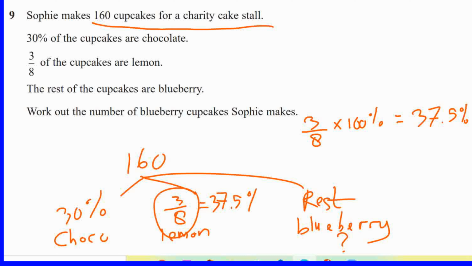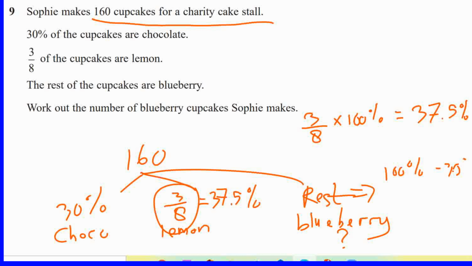So in the rest we get here from 100% minus 30% is 70%, and then minus the 37.5%. So the rest we get will be 32.5%.